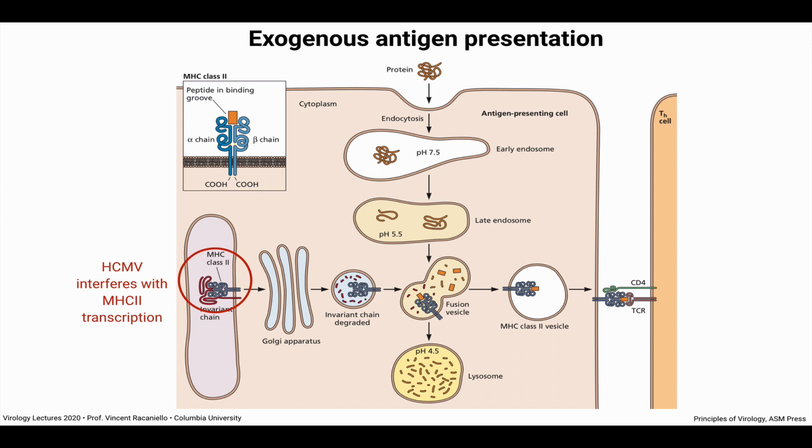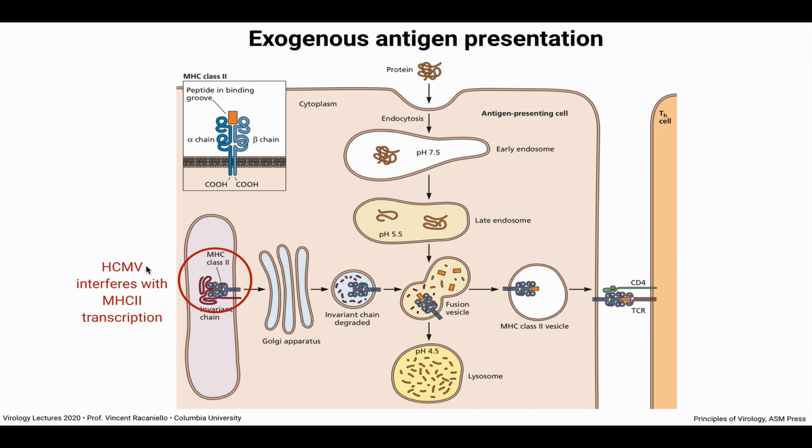There's a close-up of MHC class 2 molecule. It's a transmembrane protein with a groove in it that holds the peptide so it can be interrogated by the T cell receptor. As we've seen before, viruses interfere with all sorts of intrinsic and innate defenses. They also interfere with adaptive defenses. And here's our first example.